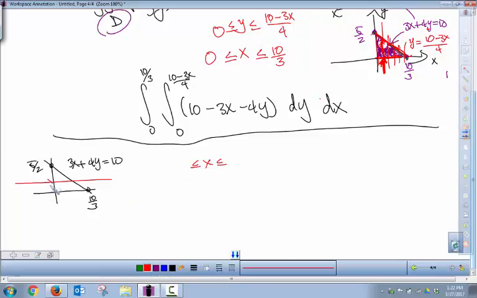X starts off where? At 0, and we'll be in the region until you get out. So here you need to solve for x. So x is equal to 10 minus 4y divided by 3. And then your y limits would go from where to where? 0 to 5 halves. Constants.